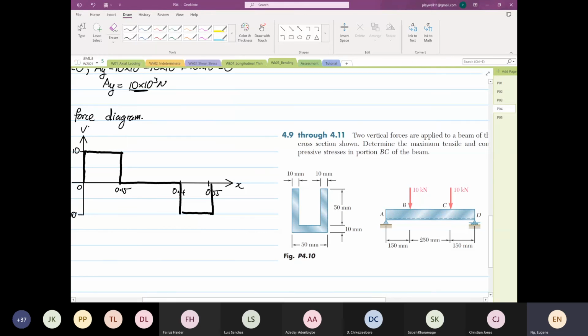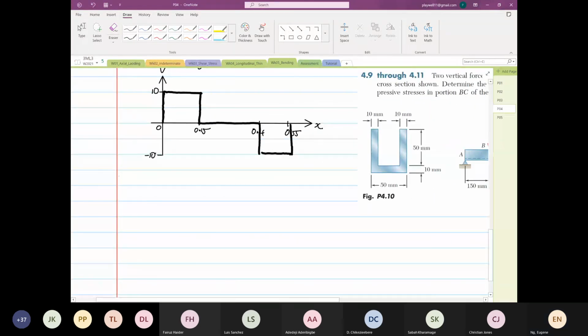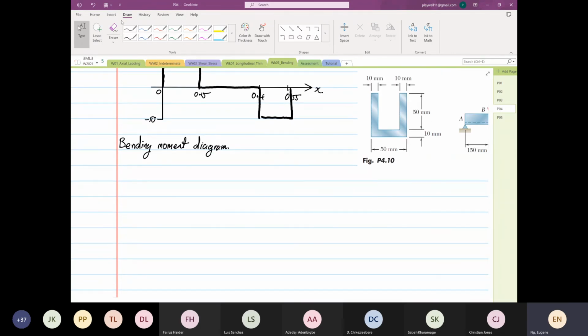Then we are going to look at the bending moment diagram. I'm going to focus on the positive side, and I'll tell you why later on.